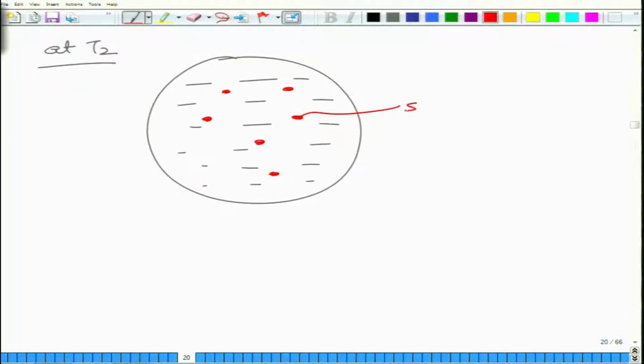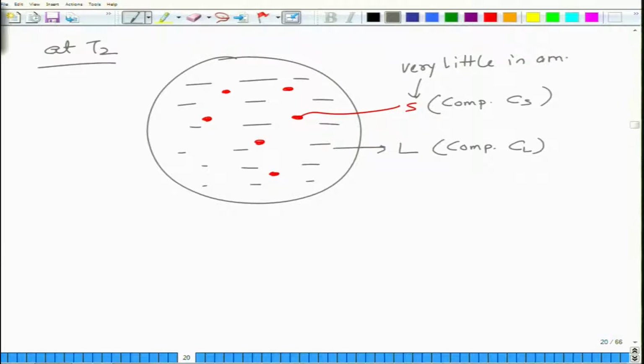So this is solid and this is liquid, solid of composition CS and liquid of composition CL, but very little in amount, just a few specks, just a few pieces here and there.